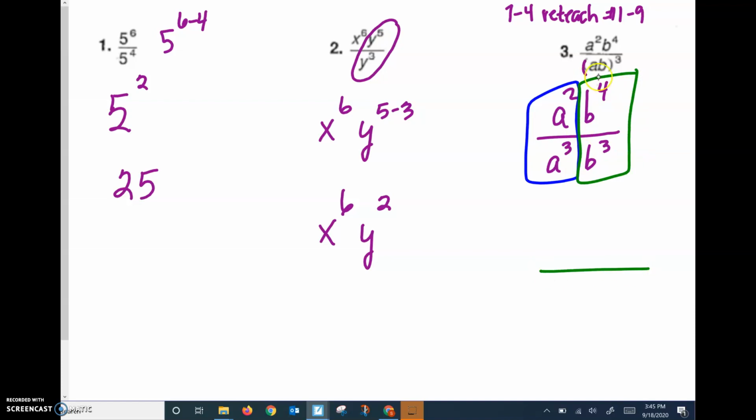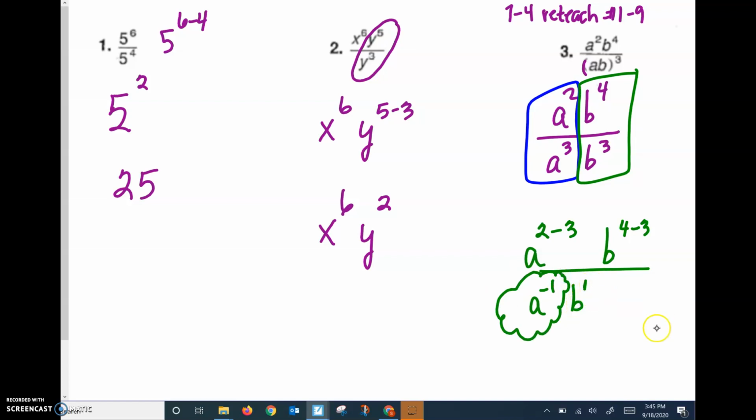And if we look at this, this is going to be a 2 minus 3, because we subtract our exponents, and b is 4 minus 3. All right, 2 minus 3 gets us -1, and 4 minus 3 gets us a 1. Well, we know we're not allowed to have a -1 exponent, but we can have the b to the first exponent.